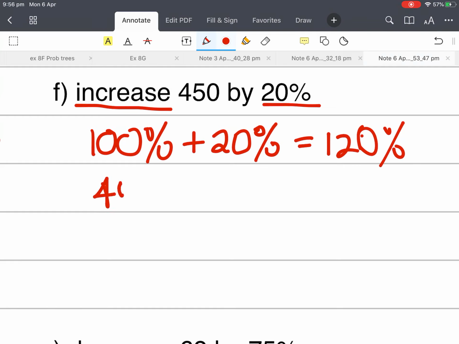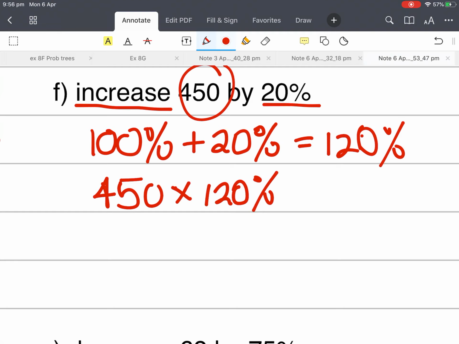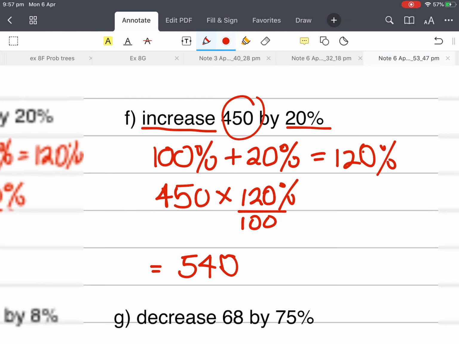I take the number in the question, 450, and I multiply it by that new percent. 450 times 120. Remember, percent means over 100. So I'm going to do 450 times 120, fraction key, 100. And I get 540. There you go. You've just learnt increase.